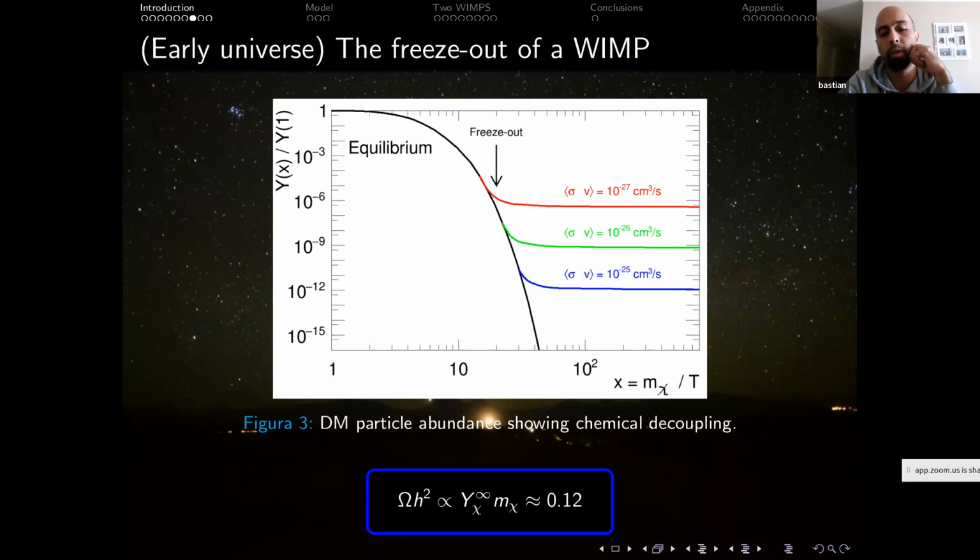The first, the yield at X infinity, when the dark matter particle has decoupled, which remains constant over time once it has decoupled, and the mass of the particle. So this is the picture, in general terms, of the freeze-out of a WIMP.